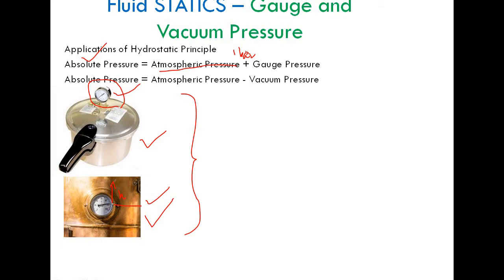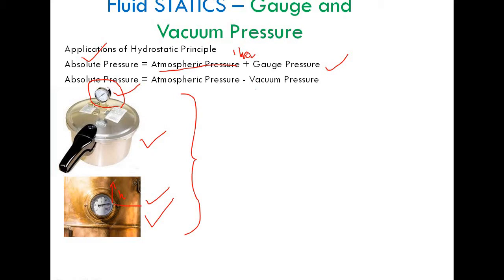You know that. Gauge pressure means pressure which is expressed relative to atmospheric pressure, so we have the relation: absolute pressure equals atmospheric pressure plus gauge pressure. Gauge pressure means any pressure that is above atmospheric pressure, above 1 bar.